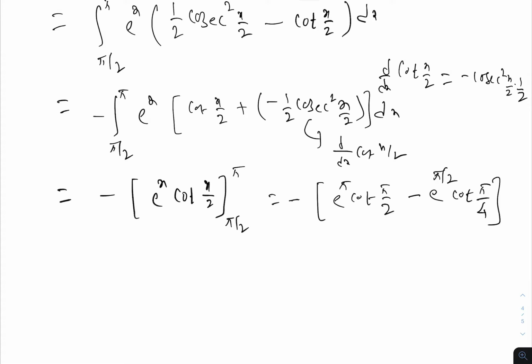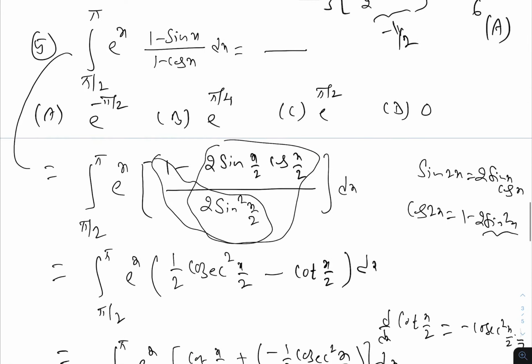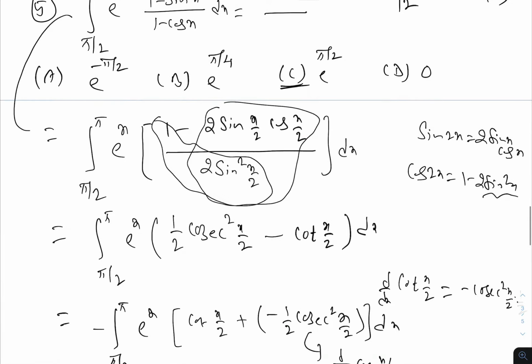Now what is cot pi by 2? 0. Cot pi by 4, 1. So the answer is, this is minus minus plus e to the power pi by 2. So that is the answer, and C option is there.